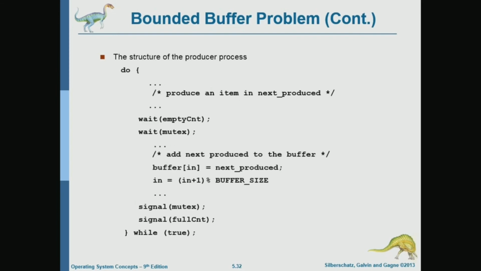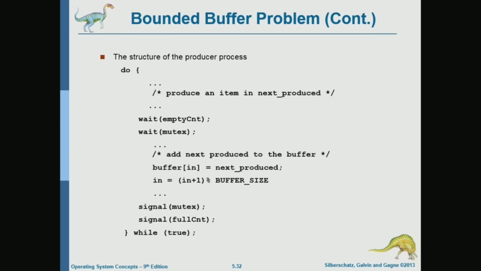So now the producer code: the producer is going to wait on empty count. So if empty count is 0, if there are no empty cells in the buffer that the producer can use to write to, then it's going to wait. Then it's going to wait on the mutex. Mutex is the semaphore for protecting shared variables, and the shared variables here are in and out.